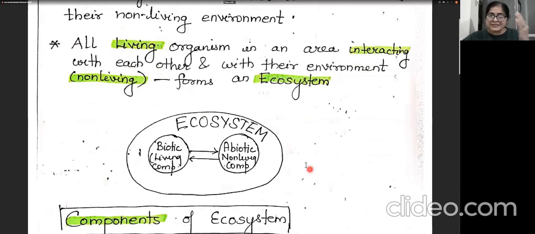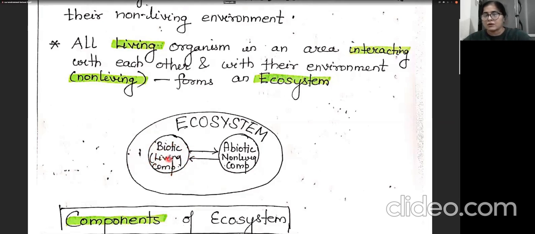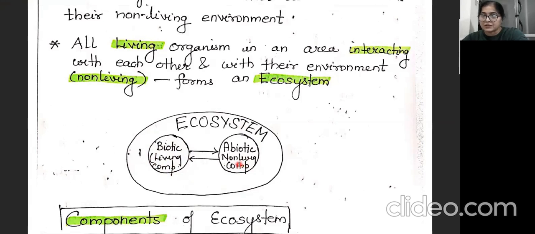Now I am representing the ecosystem with the help of this flow diagram also. See, in this given area, all the living organisms are also called biotic components of the system, and non-living components or environmental factors are also known as abiotic components.